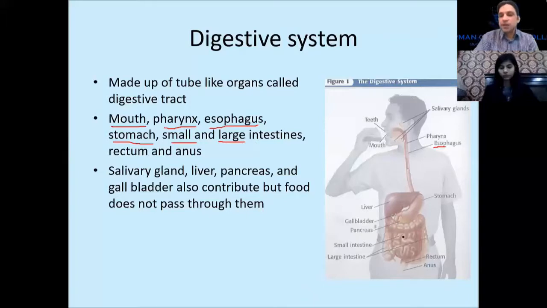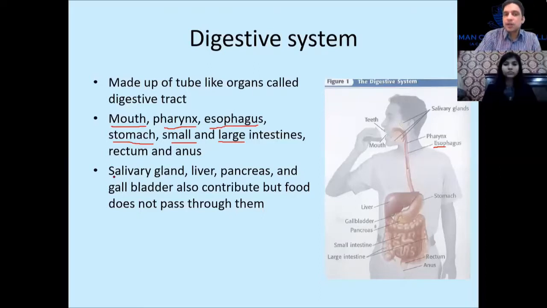The small intestine lies very long and convoluted here. Then putting everything into this big thing, the big intestine, this one from here, here, here. And then it enters into the last part of the intestine called the rectum. And the last opening is called the anus. So this is the digestive system, the digestive tract.